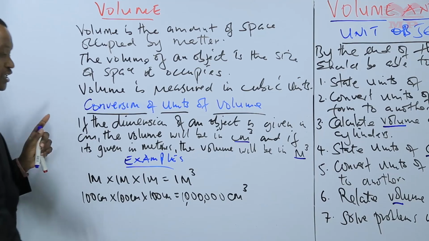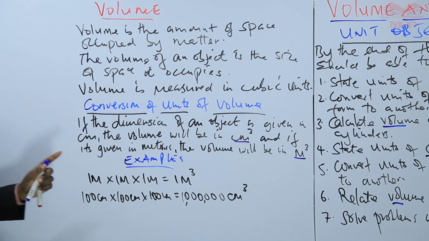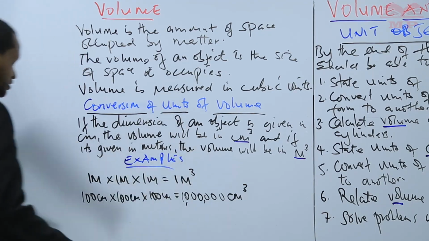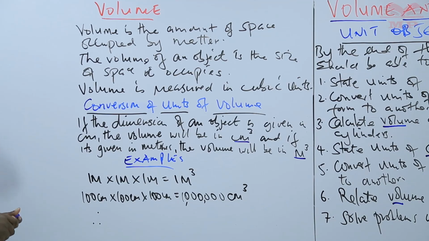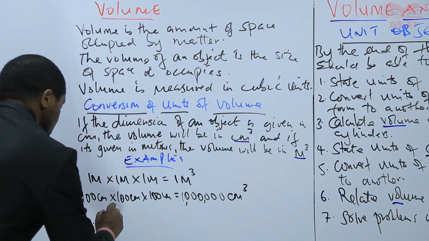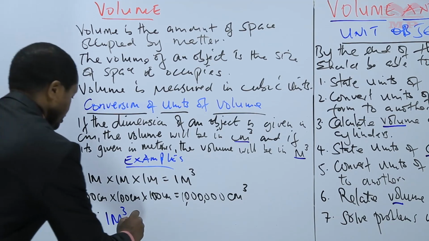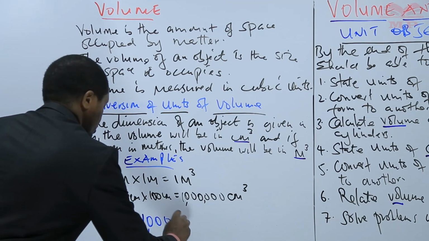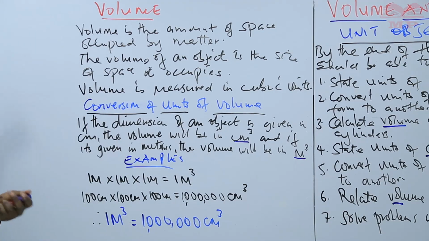This 1 cubic meter can be converted into cubic centimeters, which is equal to 1 million cubic centimeters. Therefore, 1 cubic meter is equal to 1 million cubic centimeters.